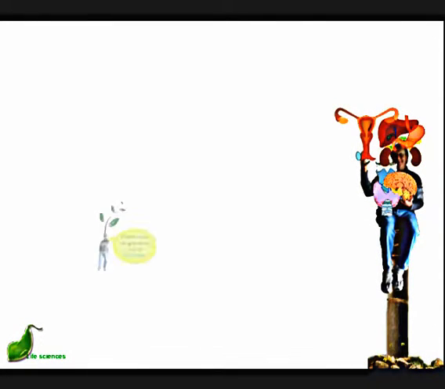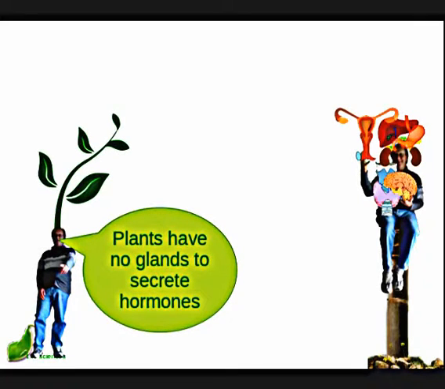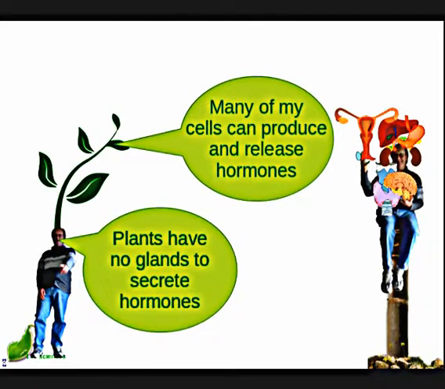Now we as mammals, we take our glands in our nervous system and our blood transport for granted. Unlike us and other mammals, however, plants don't have glands that produce and secrete hormones. Instead, many of the cells within the plant body can produce and release hormones themselves.